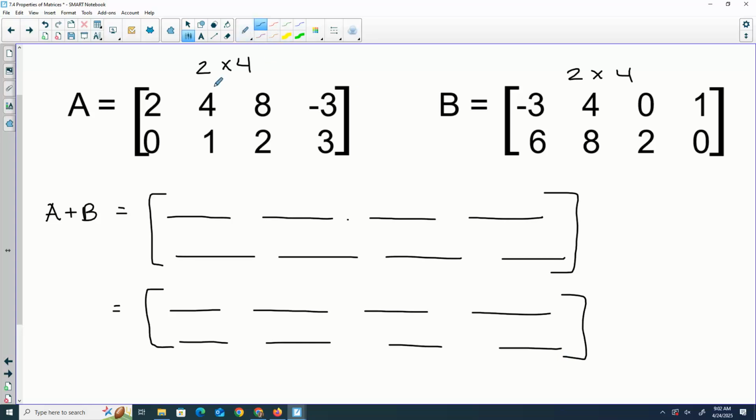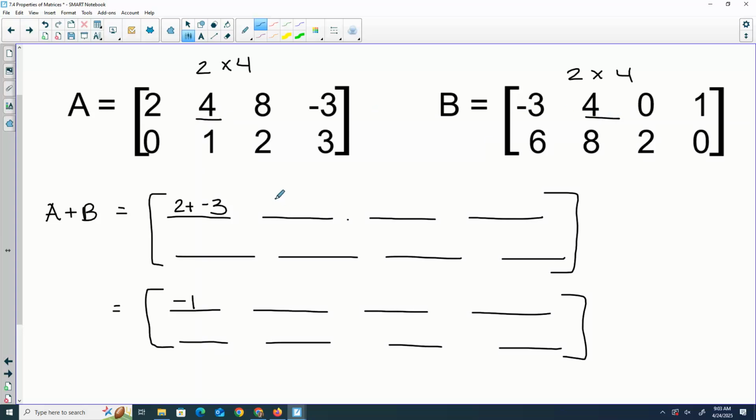Exactly. So this one, you take the number in the first row and first column plus the number in the first row, first column of that matrix. So 2 plus -3 is -1. You don't have to show as much work as I am. I'm just trying to write it down to make sure everyone understands where I'm getting these numbers from. So for the second one, we're still in the first row, the second column.